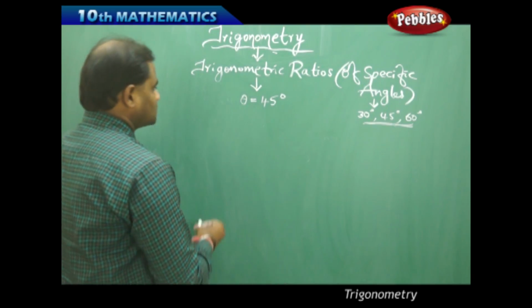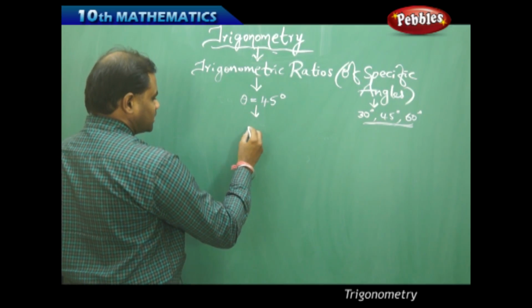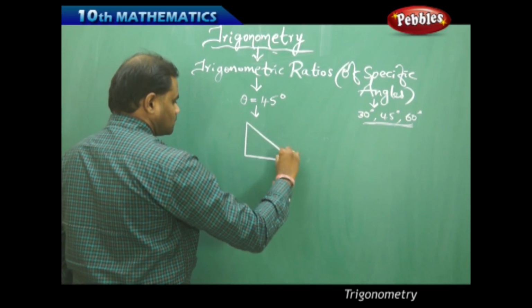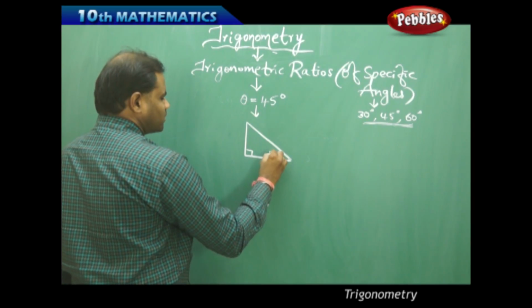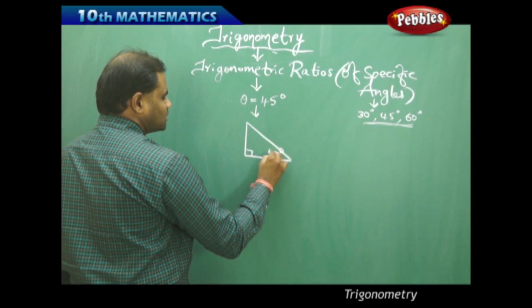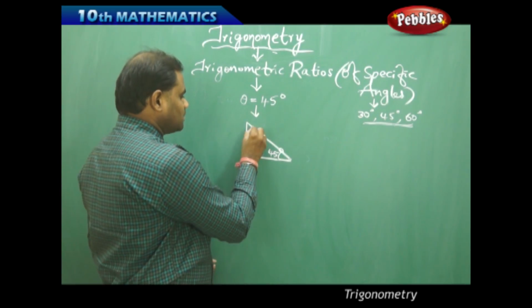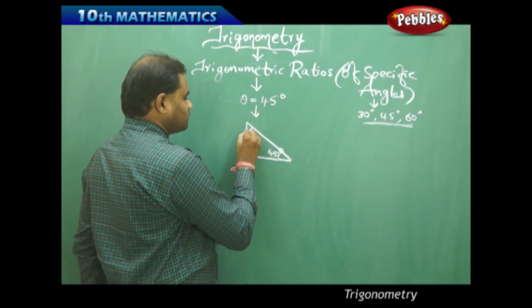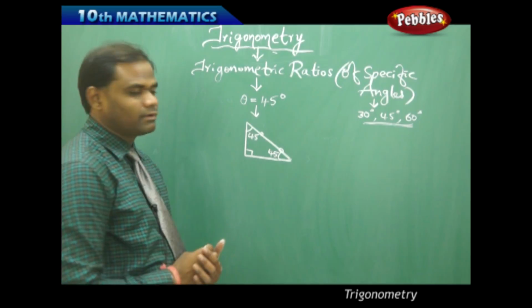To start with, suppose the angle theta is 45 is taken for a right angle triangle where this is 45. So if one of the angles is 45, then this being 90, 180 minus 90 plus 45 will also make this 45. Therefore, this angle also will be 45.